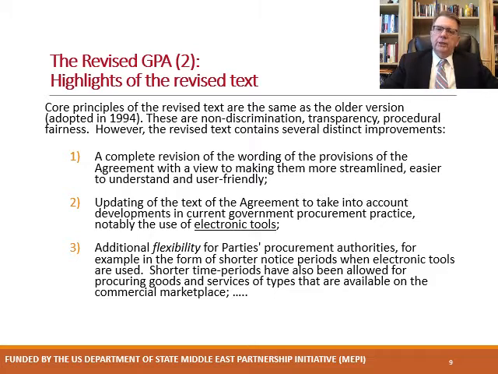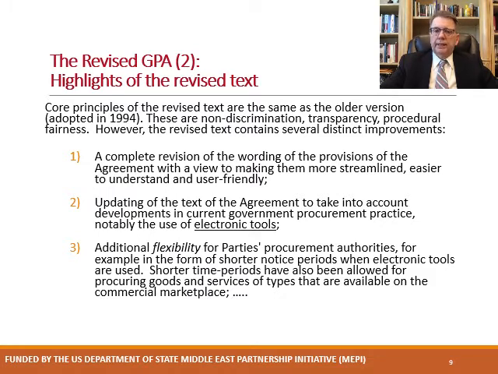We'll now mention a bit more about the revisions that were made to the GPA text as part of this overall renegotiation. The first point to make is that the core principles of the revised text are the same as the older version. These are, as I've mentioned, non-discrimination, transparency, and procedural fairness.